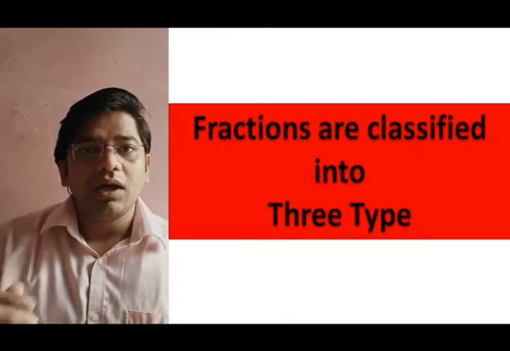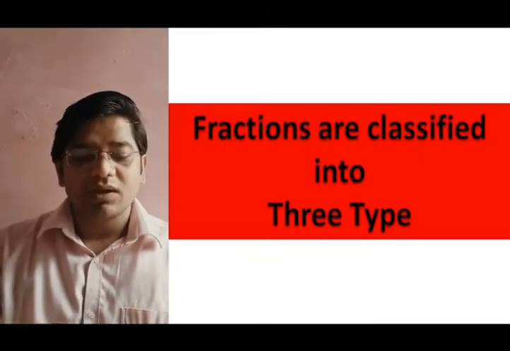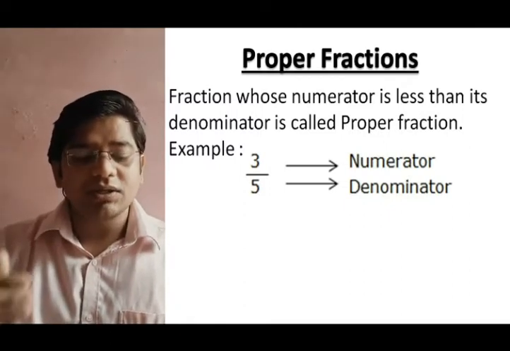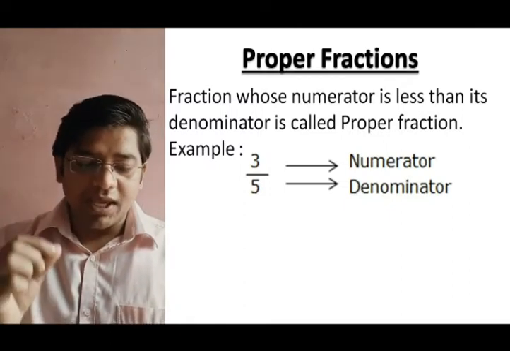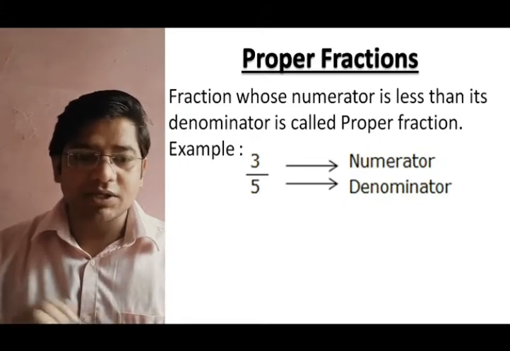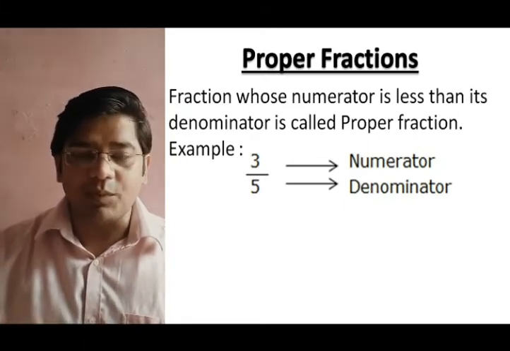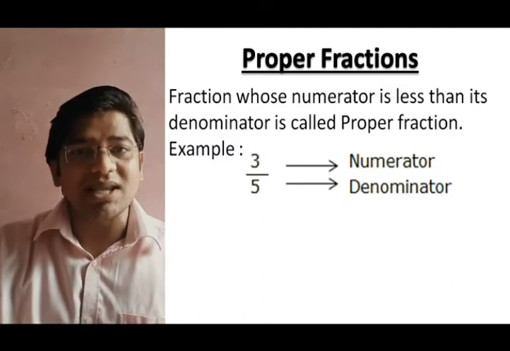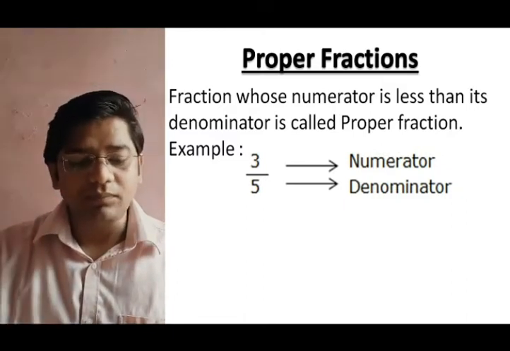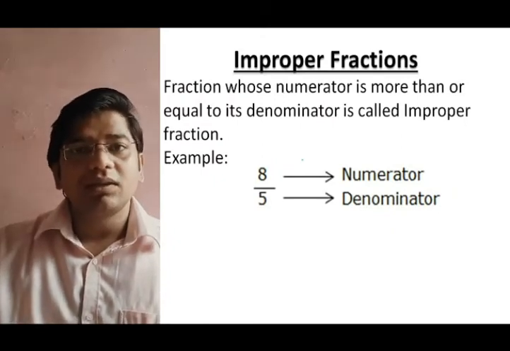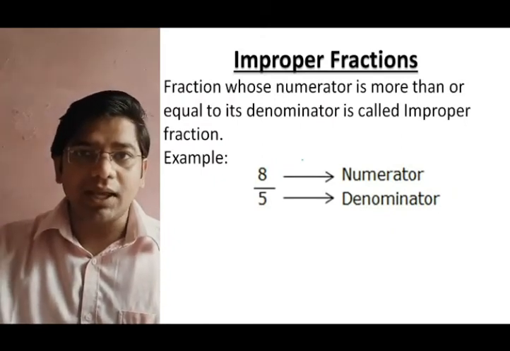Now learn the types of fractions. The first one is proper fraction. A fraction whose numerator is less than its denominator is called a proper fraction, as we can see in our example 3 upon 5, where the numerator is less than the denominator. The second is improper fractions, where the numerator is greater than the denominator.